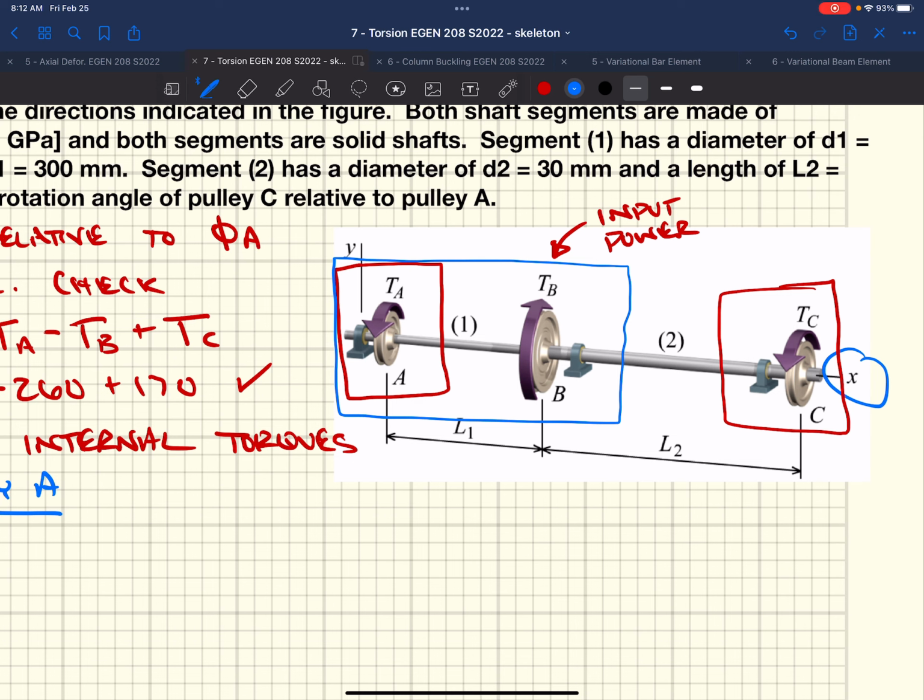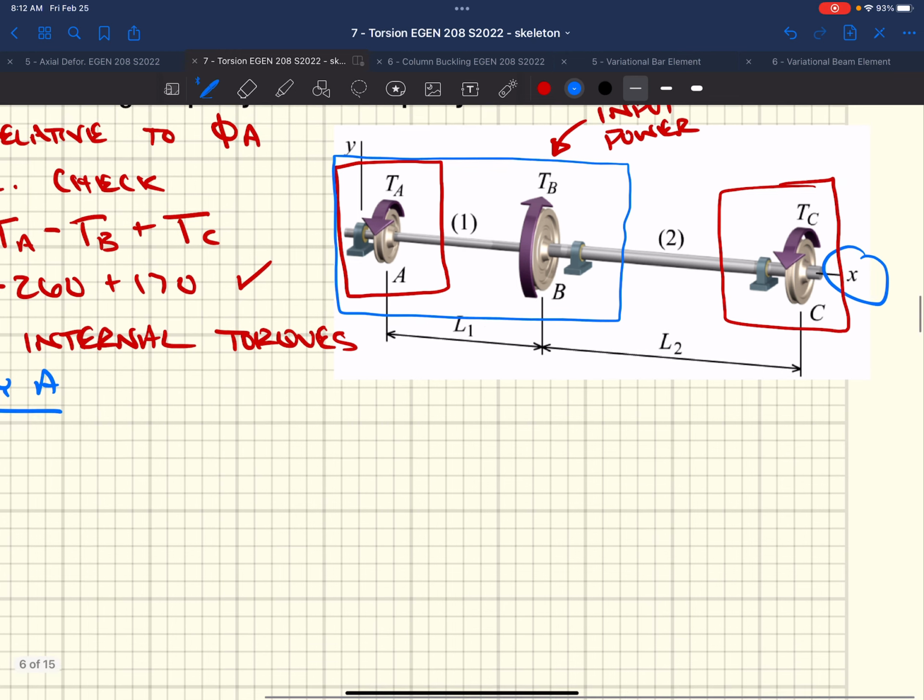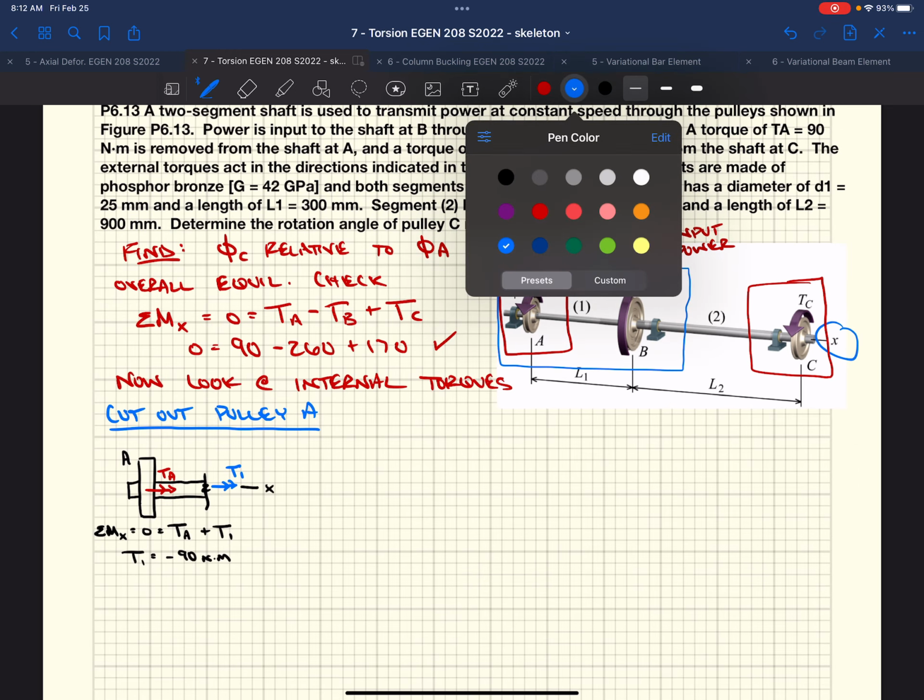I could have drawn a free body diagram that had TA and TB and then cut through the second shaft, right? And I could have put a vector there, but I decided to cut that right-hand side, which is totally legal, okay?